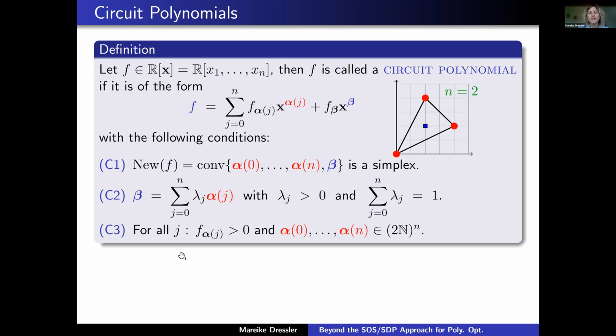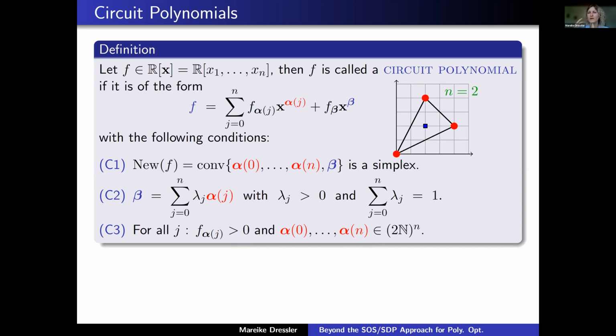And then the third condition is not really special to circuit polynomials. This is a condition that any polynomial that wants to be non-negative has to satisfy, namely that the coefficients that correspond to the vertices, these alpha j, have to be strictly positive, and the vertices themselves, the alpha j, have to be even.